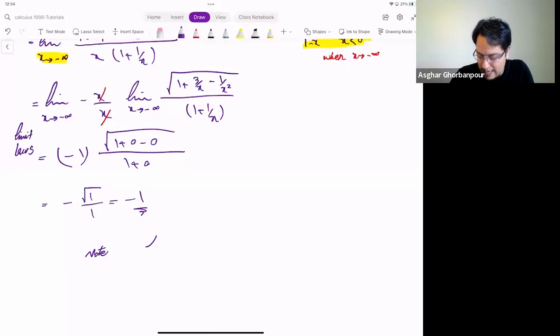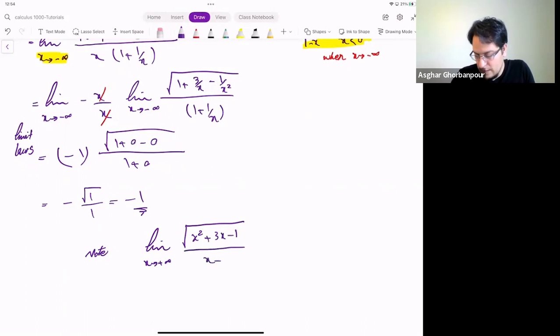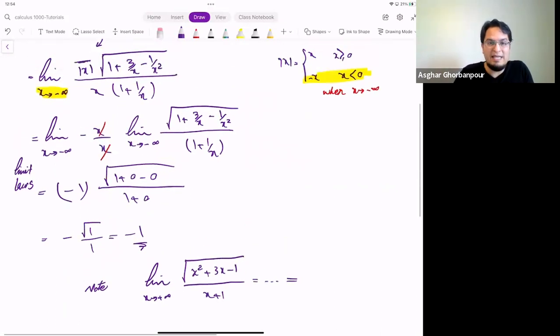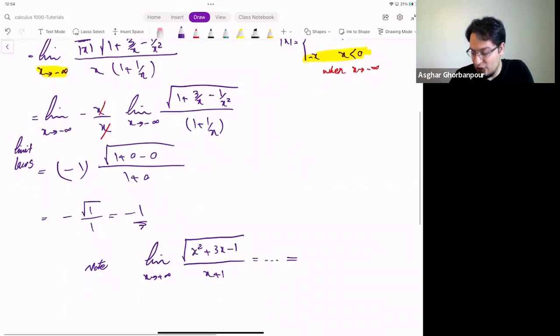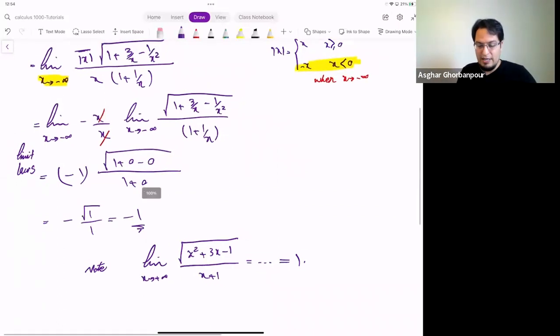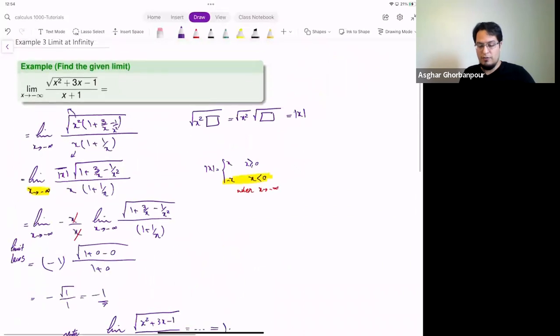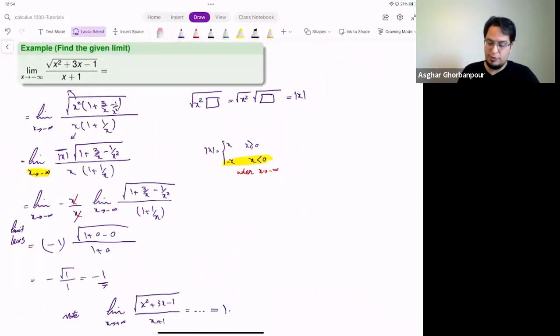And you should note that if I do the same limit for the same function, but this time with x going to plus infinity, and I do the same steps, the absolute value of x won't be equal to negative x anymore. It will be equal to x itself, and the result will be 1. So that really shows that figuring out the right sign can change the result of our computation.